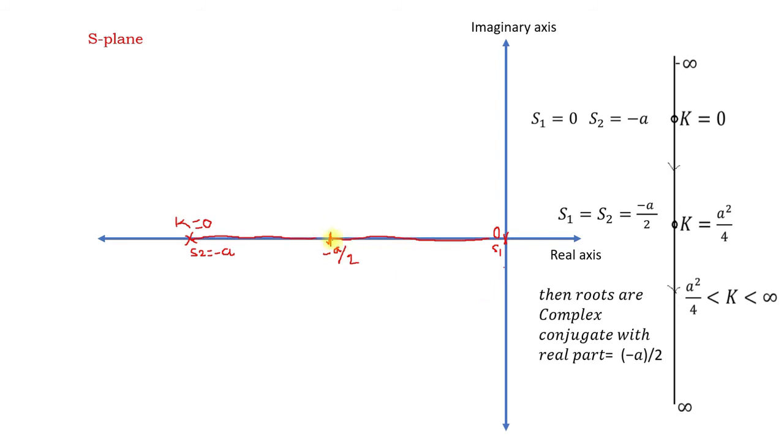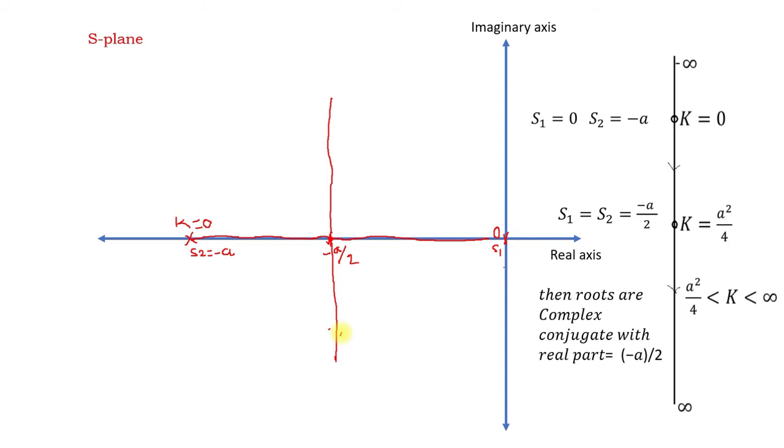That means now the poles will leave the real axis, and one moves in the upward direction and another pole moves in the downward direction, but we cannot predict right now which one is the upward direction or downward direction.